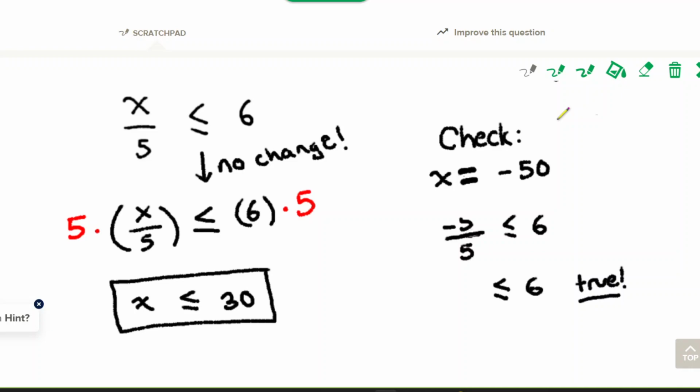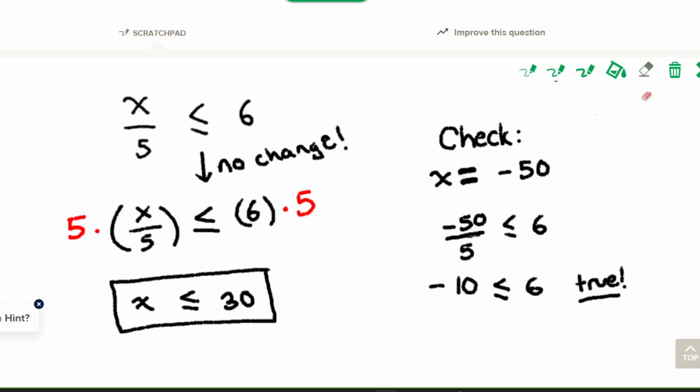If I were to plug in negative 50 here for x divided by 5, negative 50 divided by 5, well, that left side now is negative 10, and is negative 10 less than or equal to positive 6? Absolutely, negative numbers are always less than positive numbers. They're to the left of them on the number line. So there's another solution, and I could do this all day long. Pick any number I want that's less than 30 or equal to 30, and this statement will be true.